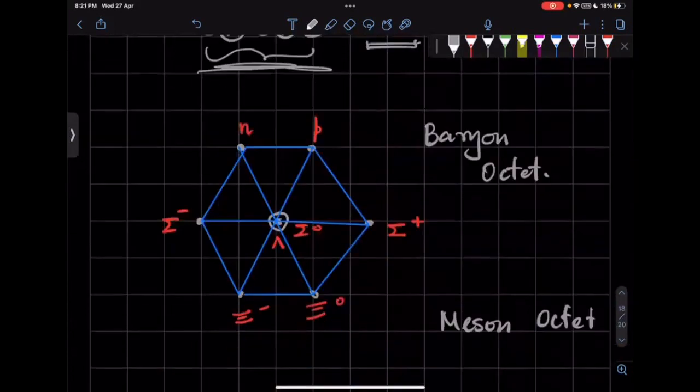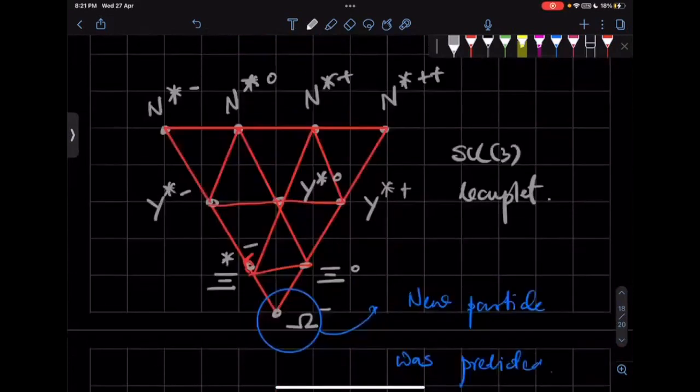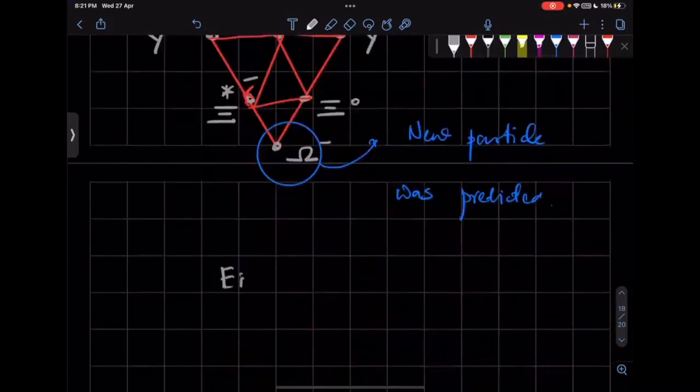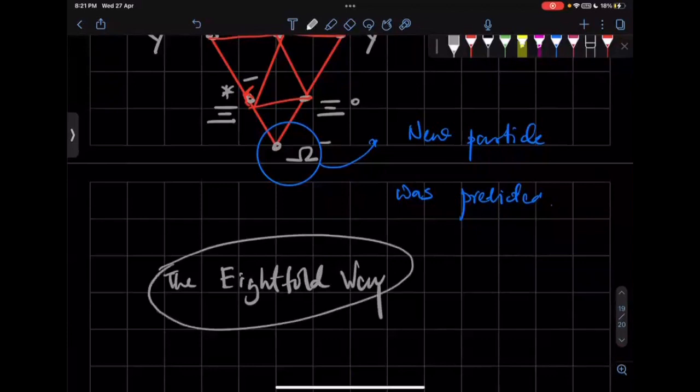Okay, any more questions? So this very famous paper was called the eightfold way, because there was a prominent presence of octets, and Murray Gell-Mann was an extremely well-read guy.